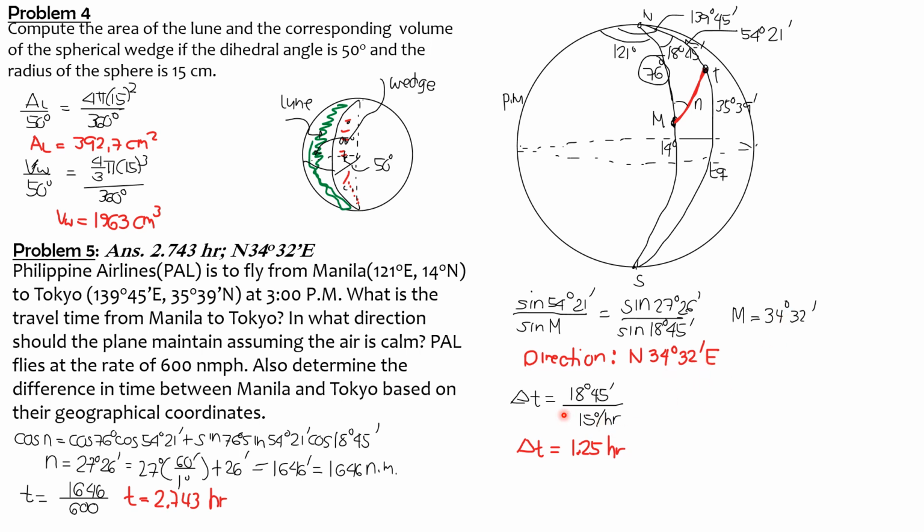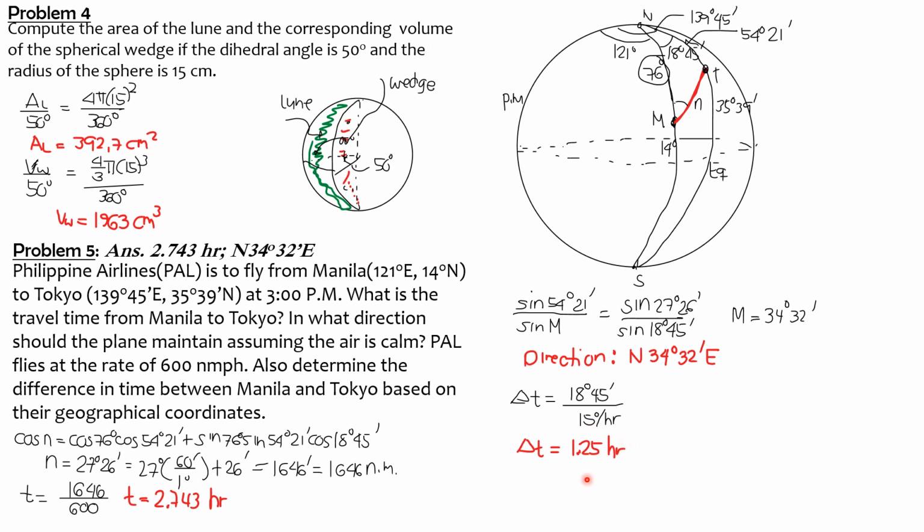Then the difference in time between Manila and Tokyo would be this angle 18 degrees 45 minutes, we divide that by 15 degrees per hour. The explanation, 360 degrees divided by 24 hours is 15 degrees, so 15 degrees per hour.